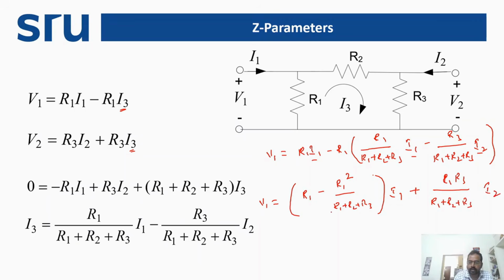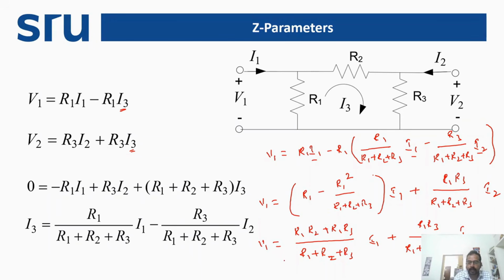If you rearrange these equations, we get V1 equal to (R1 R2 plus R1 R3) divided by (R1 plus R2 plus R3) into I1 plus R1 R3 divided by (R1 plus R2 plus R3) into I2. We have plus R1 and minus R1 square, so we have eliminated it.